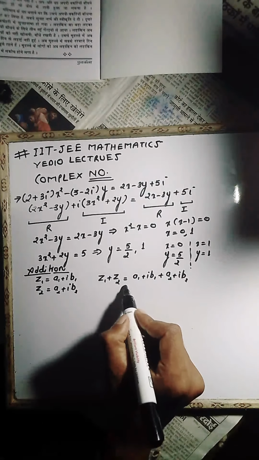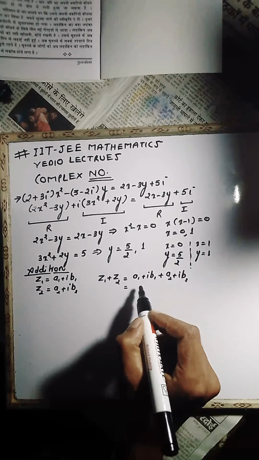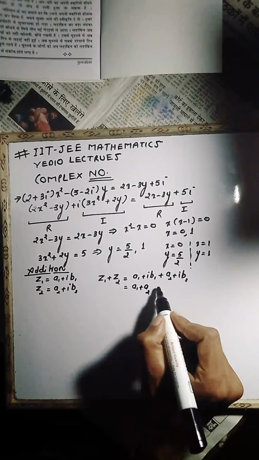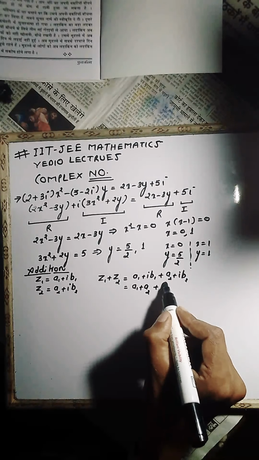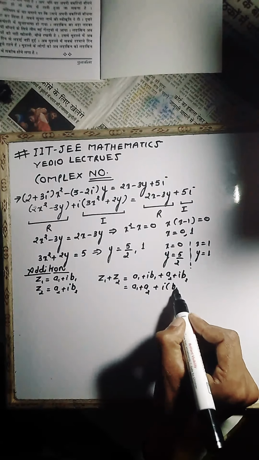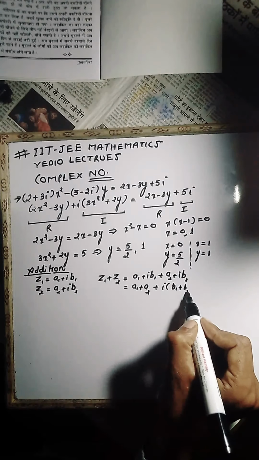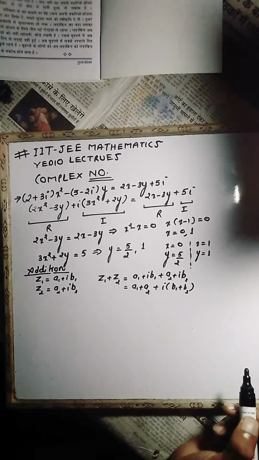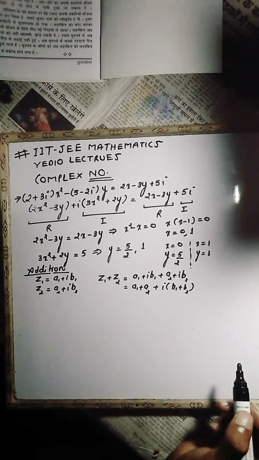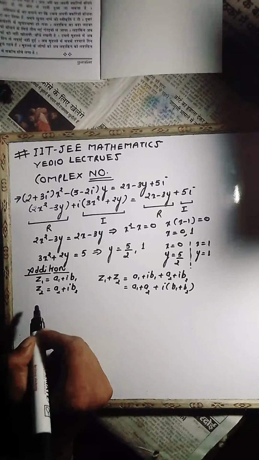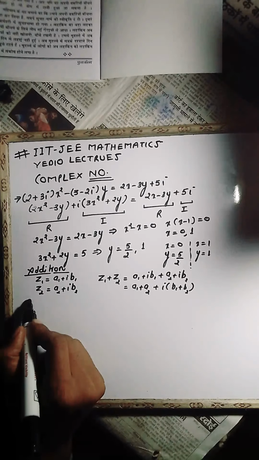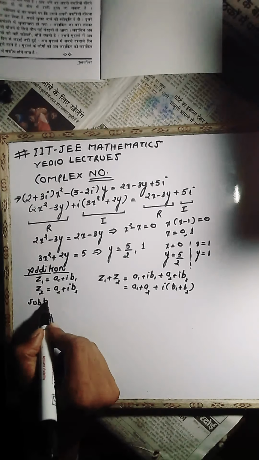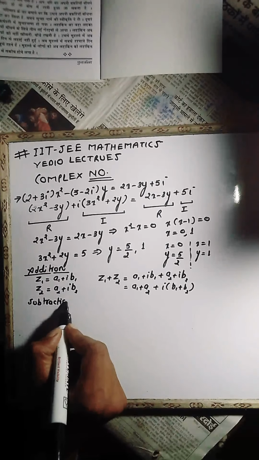So now we will add the real parts a1 and a2, and then again we will add the imaginary parts, i(b1 plus b2). Okay. So now the next one is subtraction.